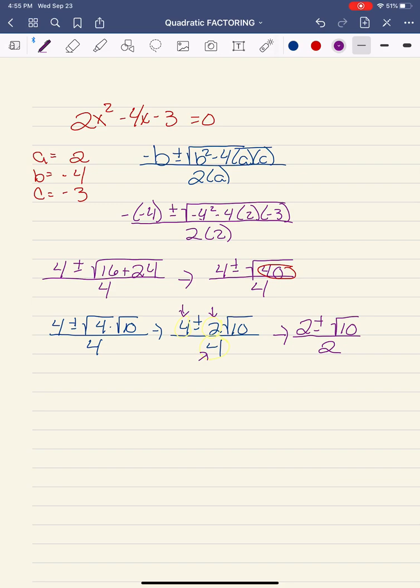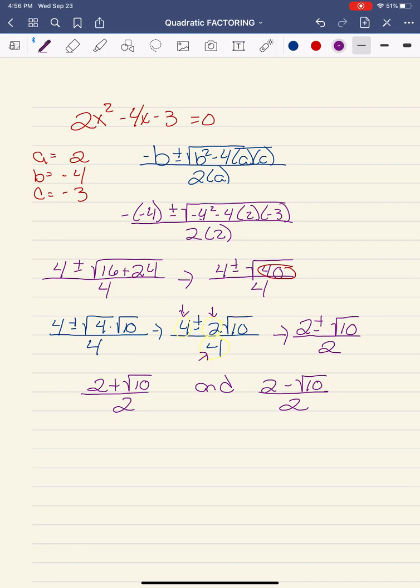So what I'm going to do now is separate it. I have 2 plus the square root of 10 divided by 2 and 2 minus the square root of 10 divided by 2. Now, without a calculator, you would not be able to graph these because you would have to round them and put them into a calculator.